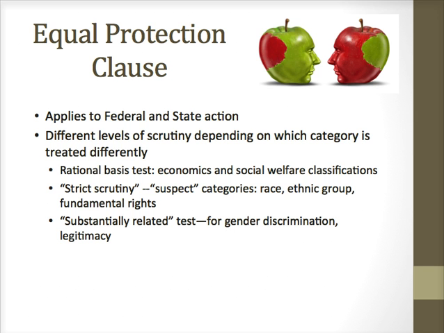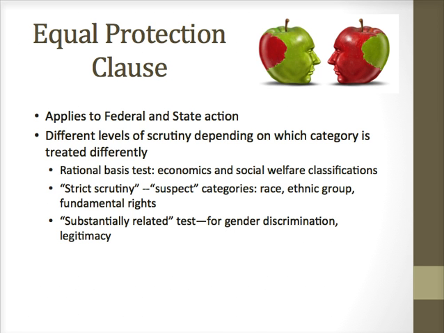But the difference with strict scrutiny is that the court examines it very, very carefully, looks at every aspect of it to see, was there really a good, not just a good reason, a great reason for distinguishing between people based on ethnic group or race or fundamental rights. Strict scrutiny is the toughest test the federal or state government has to comply with.